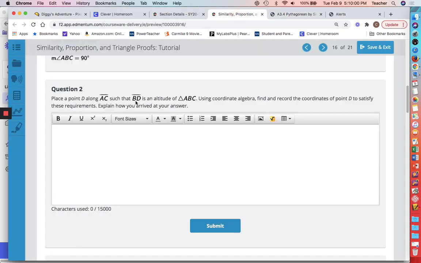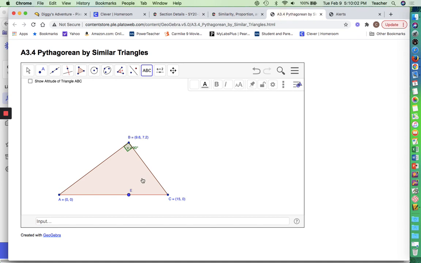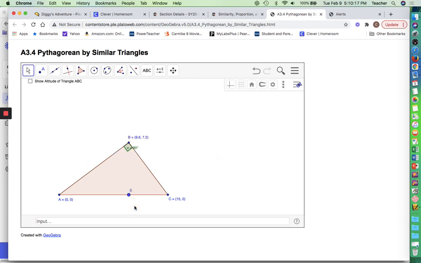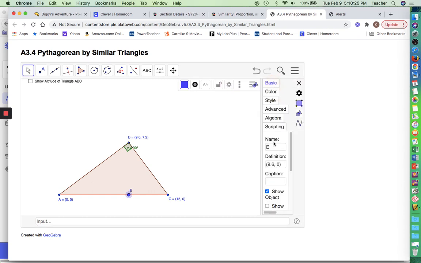All right, so I know it says BD is the altitude. I wonder if I can change that. I've never tried. Can I change it? Well, I can change the ordered pair. I want to change the name of it. Can I change the name of it? I don't know that I can. Oh, look at that.